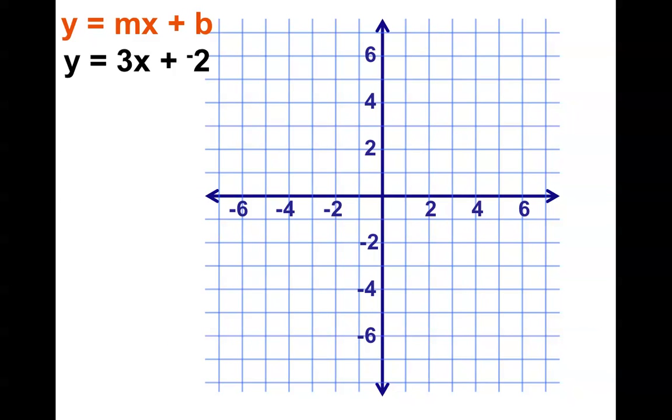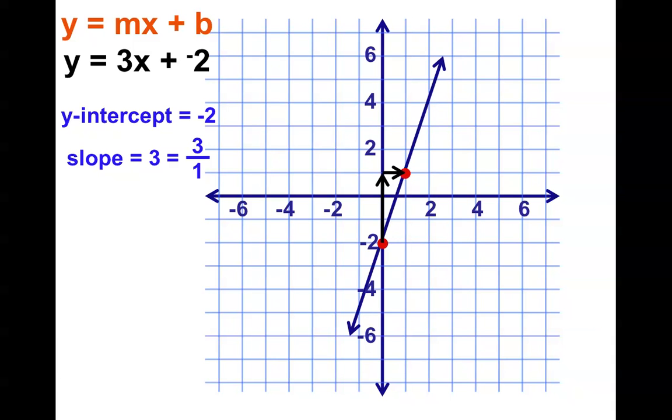What we learned earlier was if I want to be able to graph this equation, I can always pick an x and get a y, pick an x and get a y, pick an x and get a y. But what if I just realize that where is this line going to cross the y-axis? It's going to cross at -2. So I can put a point at -2. What's this line's slope? It's 3, or 3 over 1. So that means I just go rise 3, run 1, and I get my new point.